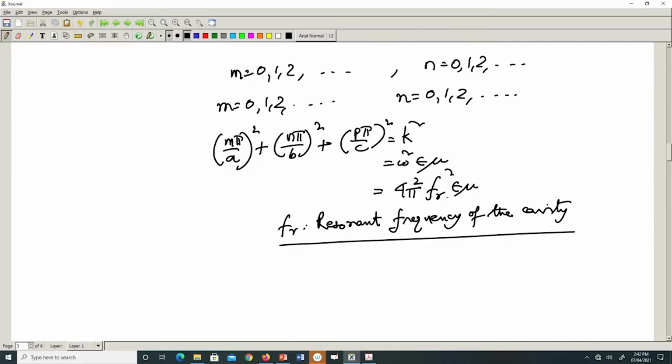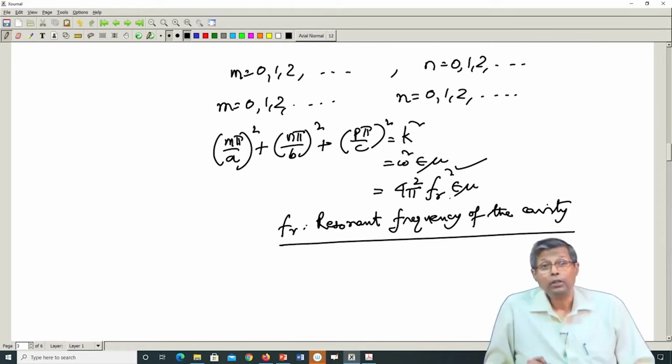Therefore, the resonant frequency is going to vary with m, n and p. Different modes of the cavity are going to be characterized by different resonant frequencies. So, for distinct values of m, n and p, f r is also going to be distinct. The resonant frequencies are again independent of whether the mode is TE to z or TM to z.